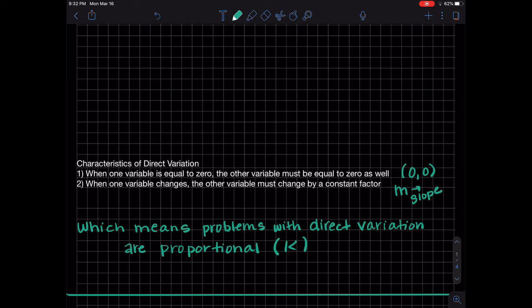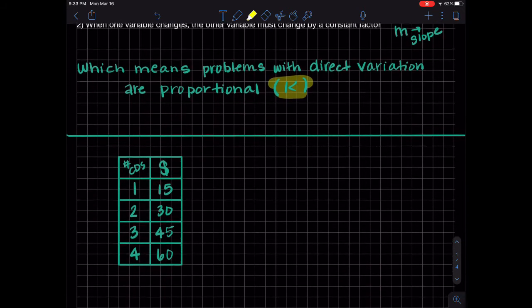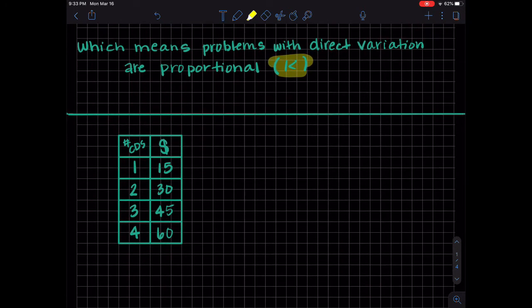Both of these characteristics mean that problems that deal with direct variation are proportional, which we use k to represent. In our book on page 473, we have an example of the number of CDs sold and how much they sold for.